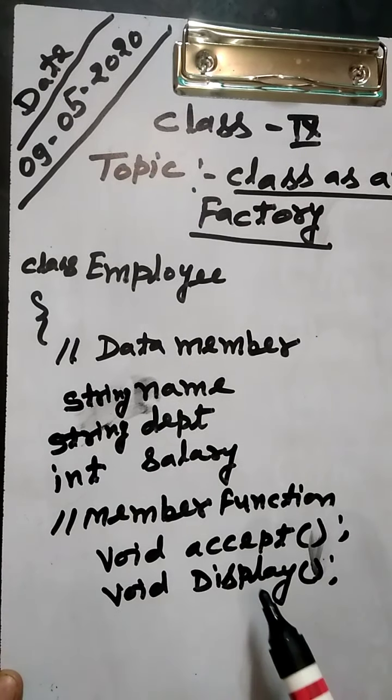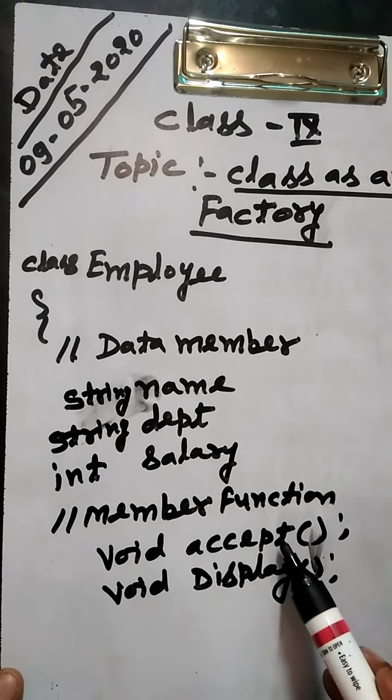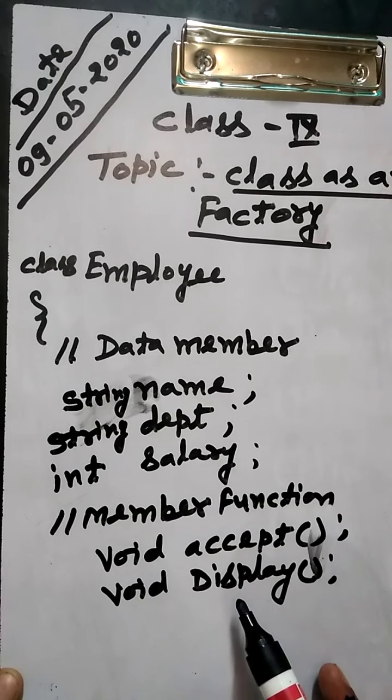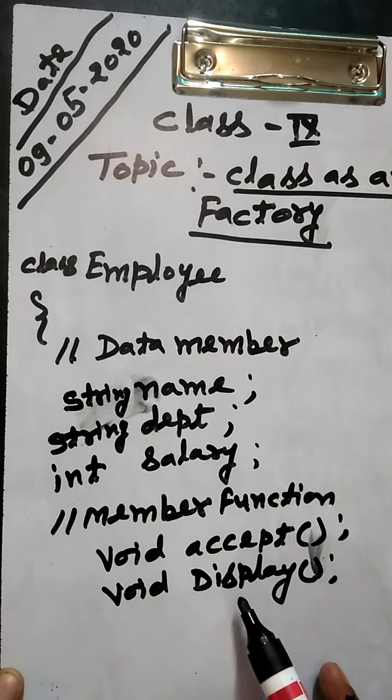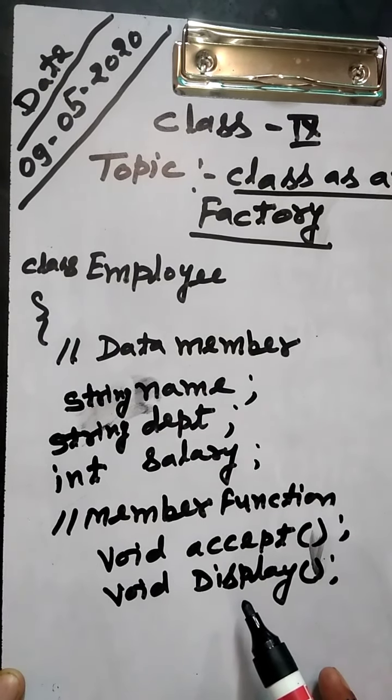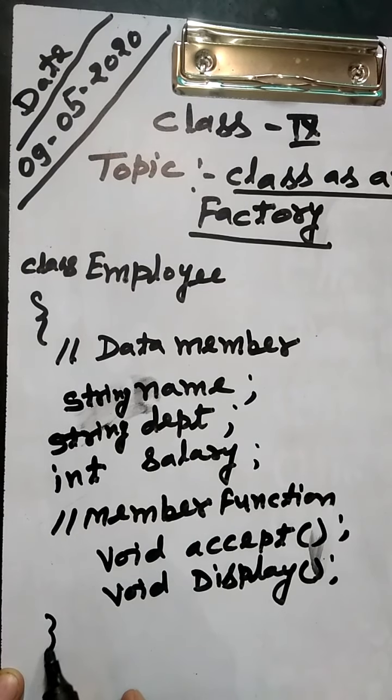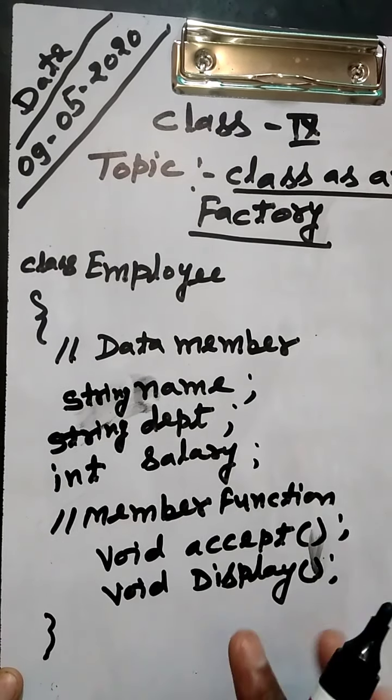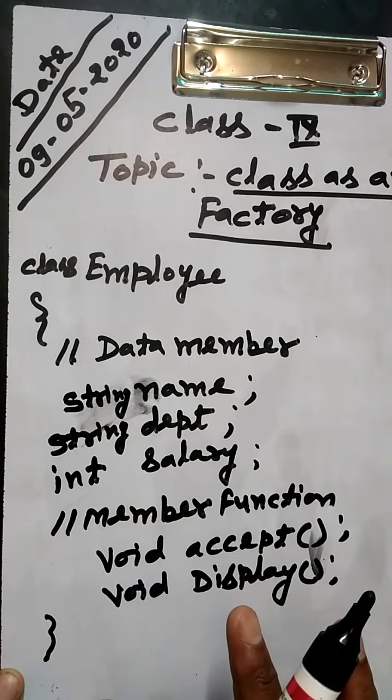These member functions are used to input name, department, and salary, and this member function is used to display name, department, and salary. This means the complete definition of the Employee class.